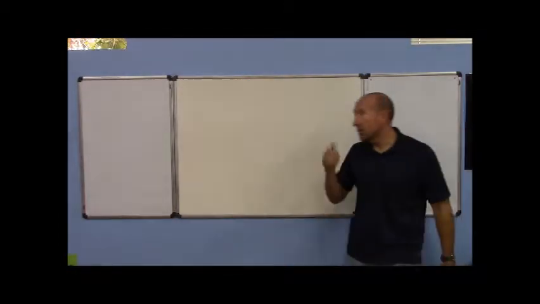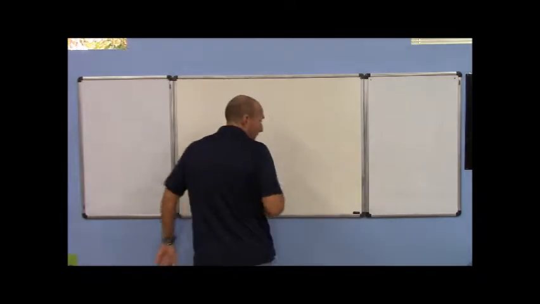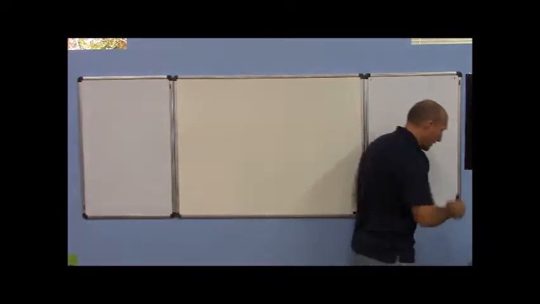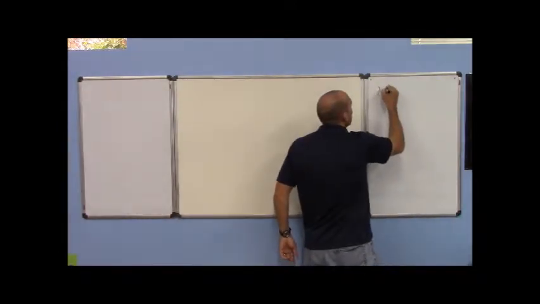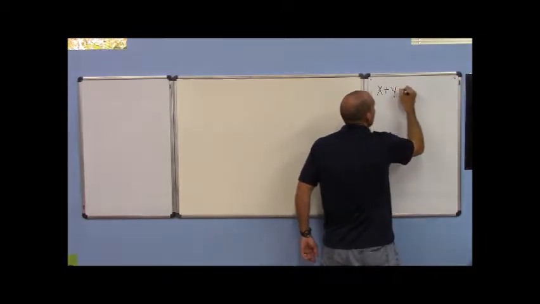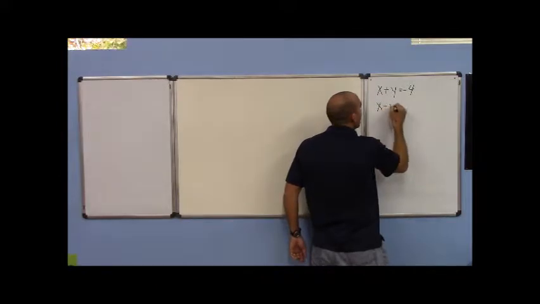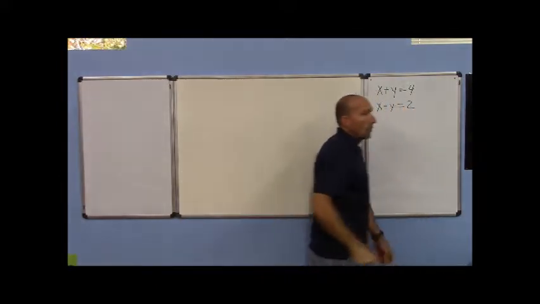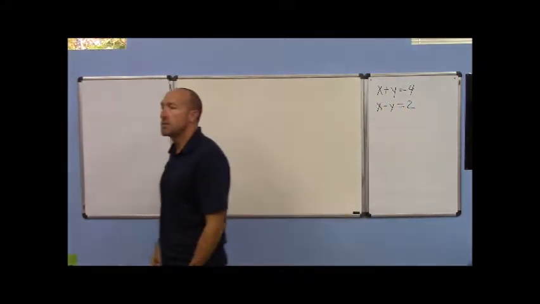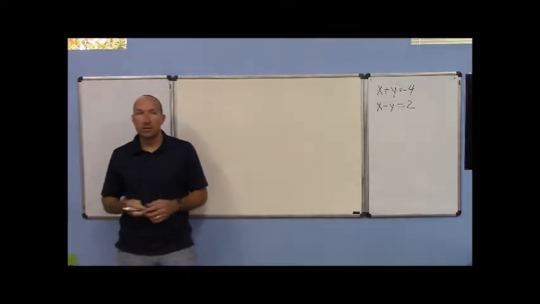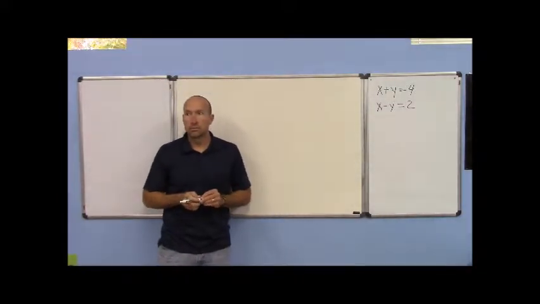Now, whenever we start this, notice we have these two equations, x plus y equals 4, and then x minus y equals 2. What we want to do first is put this in slope-intercept form.